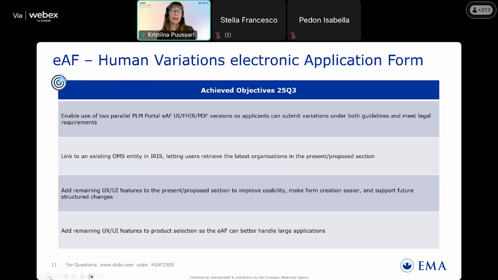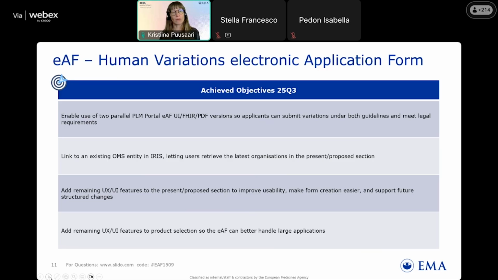of the form. And of course, anything that has started prior to the 15th of January next year will then continue to be using the existing variation classification guidelines. So hence we need to have two different versions of the form live at any one time. So if you need to update a form for a procedure that you have already submitted prior to the January date, you can continue using the previous version.